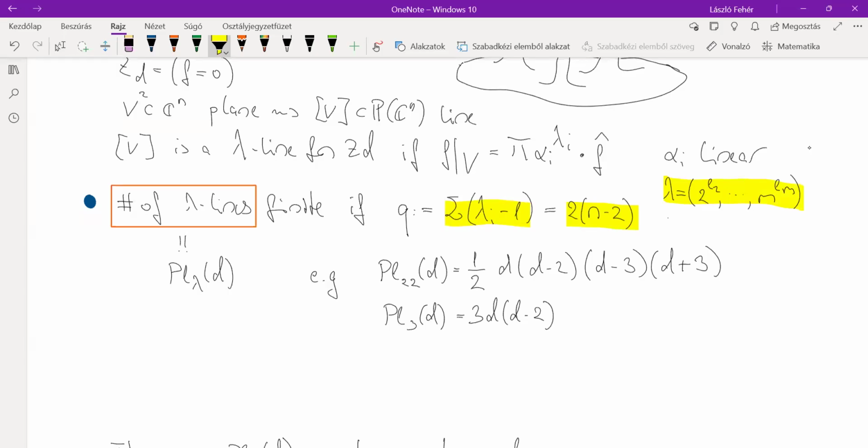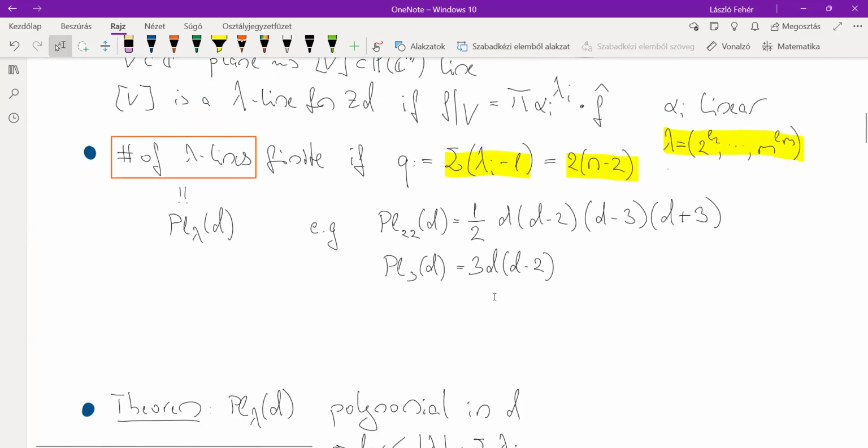I use the exponential notation, so I count in the partition the 2's: there are e_2 of 2's and so on. But there is no 1 because I want to stabilize the whole situation. I can add as many 1's as I want. Then I have to increase the dimension of the hypersurface, but I don't change the lambda.